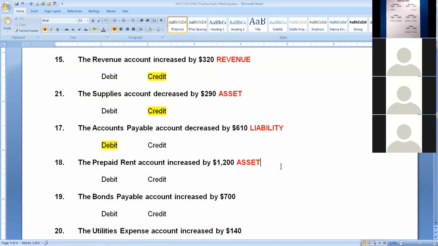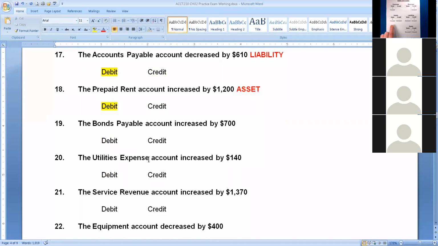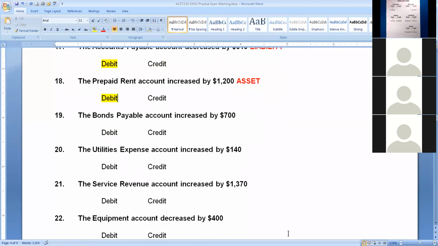If it increased, so asset, debit. Bonds payable.